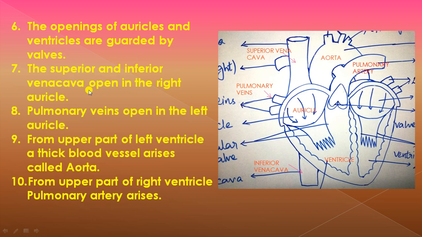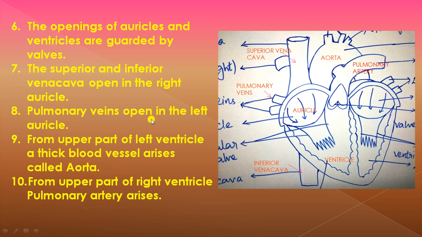The superior and inferior vena cava open in the right auricle. Just now we discussed the superior vena cava and inferior vena cava. Both of them open in the right auricle. This is the right side, no? And this is the left side. So these two, superior and inferior vena cava, open into the right auricle.